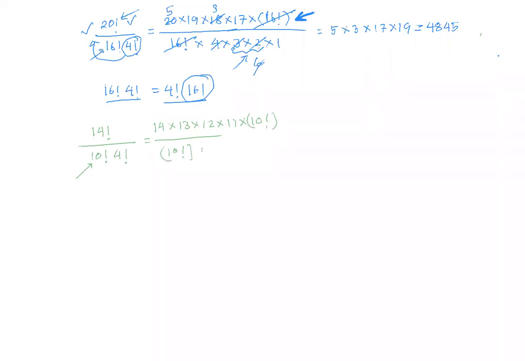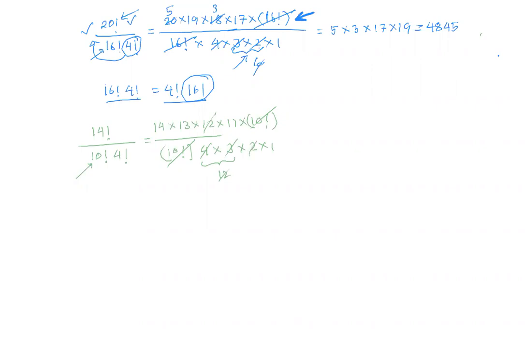But 4 factorial is 4 times 3 times 2 times 1. 10 factorial and 10 factorial cancel out. And then let's see what cancels here. 4 and 3 is 12. Look, this is 12. And this 12 and 12 is going to cancel.